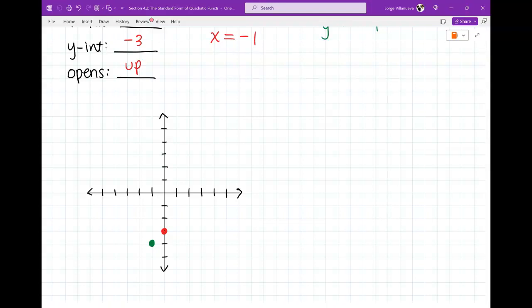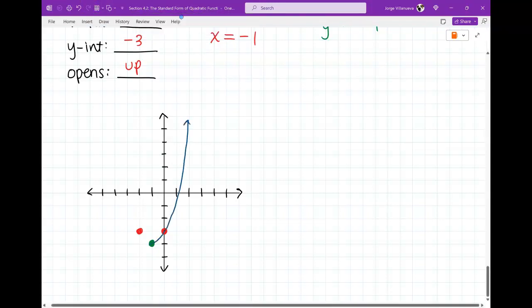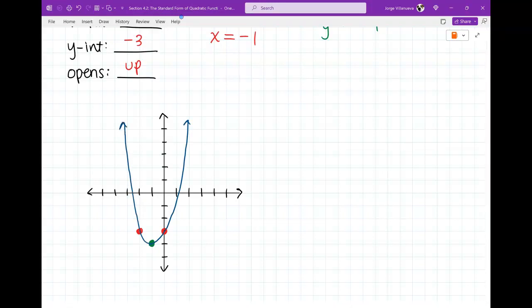So I'm going to get that red point and put it over here as well, on both sides of the vertex. Then from there just sketch it. Get your lines and make sure you draw a curve, and that's it. Later on we're going to learn where it's supposed to cross the x-axis exactly so we can do it perfectly, but for now we're just sketching it. And there's your picture.